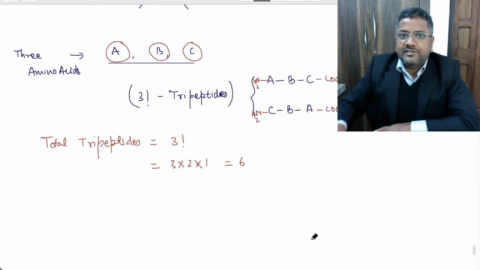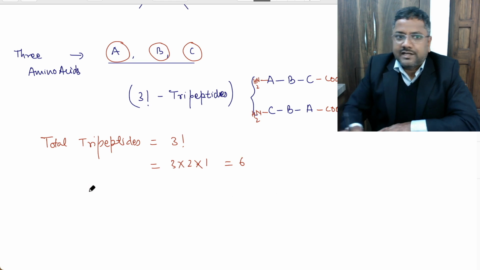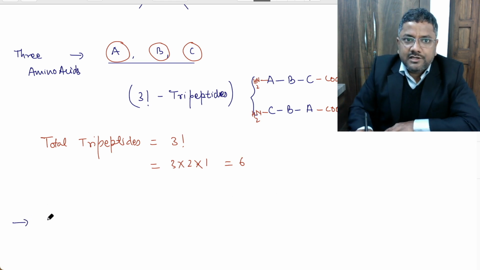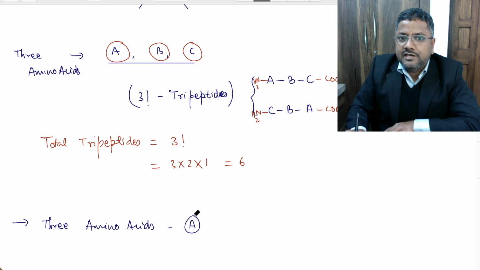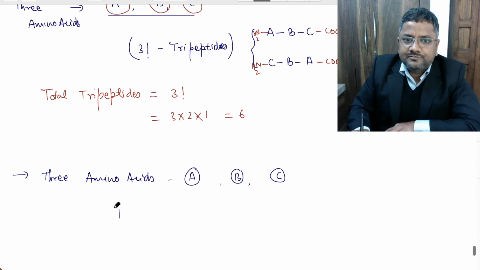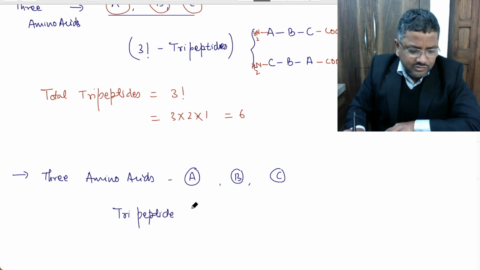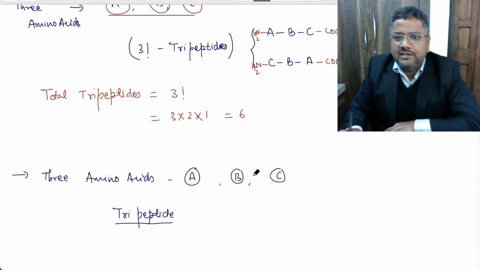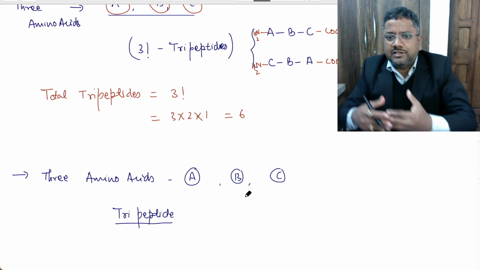One more combination is there. Suppose that you have these three amino acids, A, B, and C, and you want to prepare a tripeptide by using any one, not necessarily that all three should be present.